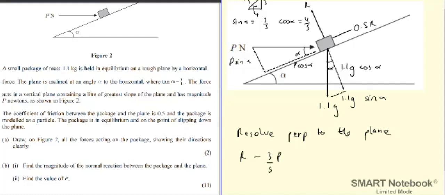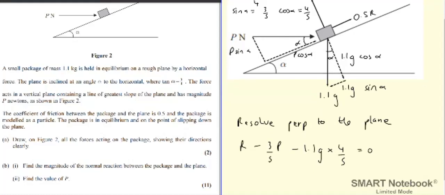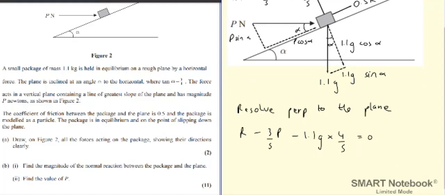And then we've got minus 1.1 g cos alpha, which is 4/5, times 4/5. And there are no other vertical forces, so this equals 0 because it's in equilibrium. So that is equation number 1. We can say R minus 3/5P equals 1.1 g times 4/5.